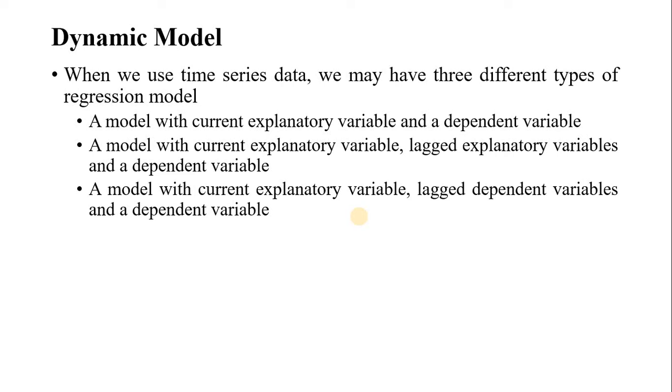Second model, a model with current explanatory variable, lagged explanatory variable and a dependent variable. In this model, you have a variable called yt, then your current explanatory variable xt, then your lagged explanatory variable xt minus 1.